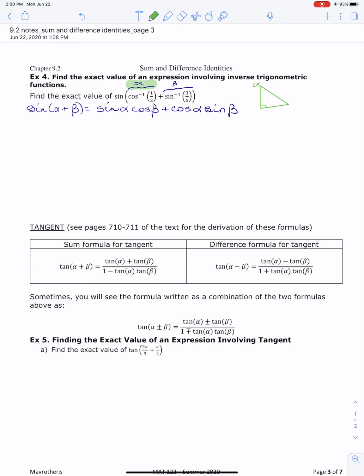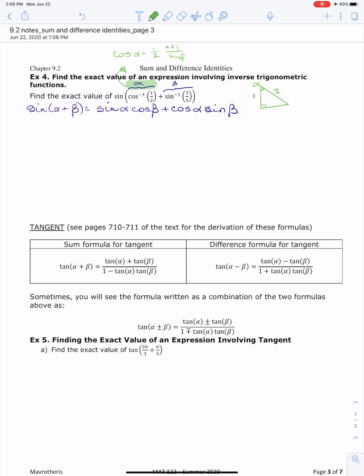It says inverse cosine of 1/2. That means that the cosine of alpha would be 1/2. And cosine is adjacent over hypotenuse, just a reminder there. So if this is my alpha right here, my adjacent is 1, my hypotenuse is 2.